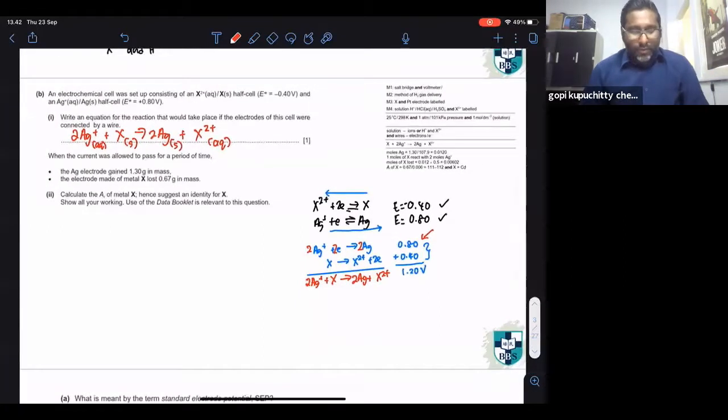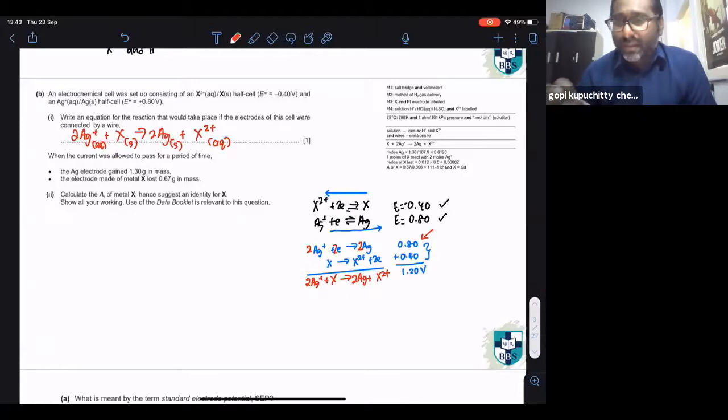Now, the next question is, when the current was allowed to pass for a period of time, the silver electrode gained mass of 1.3 gram. And then they say the electrode made of metal X lost 0.67 gram in mass. So we want to calculate the relative atomic mass for metal X, and then we need to suggest its identity.